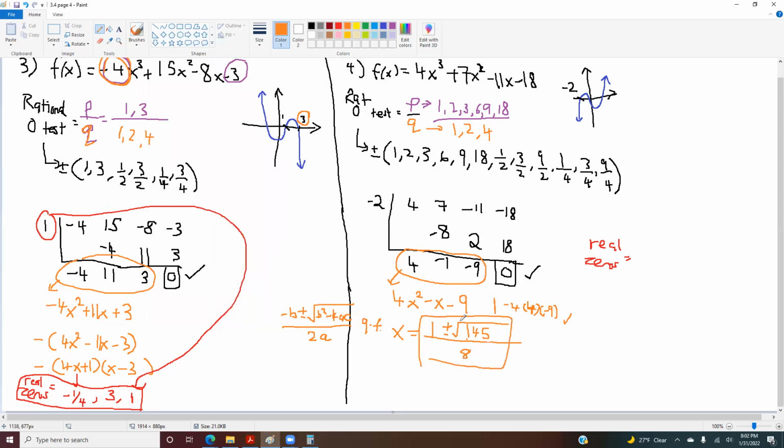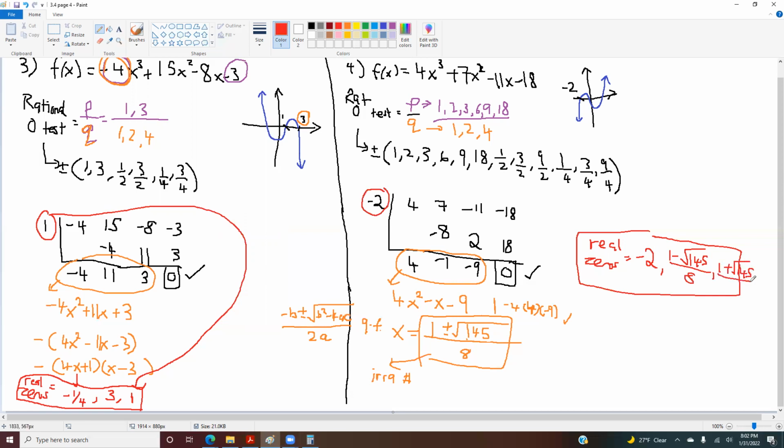So this is considered an irrational number because it has a square root inside. When the question asks us for the real zeros, your answer will have this with the negative 2. So your answer for this case will be negative 2, 1 minus root 145 over 8, and 1 plus root 145 over 8.